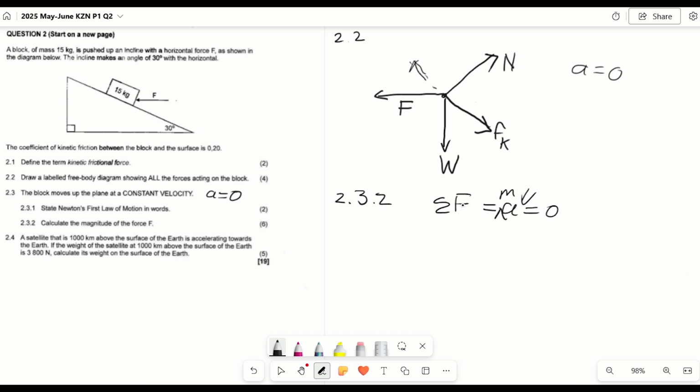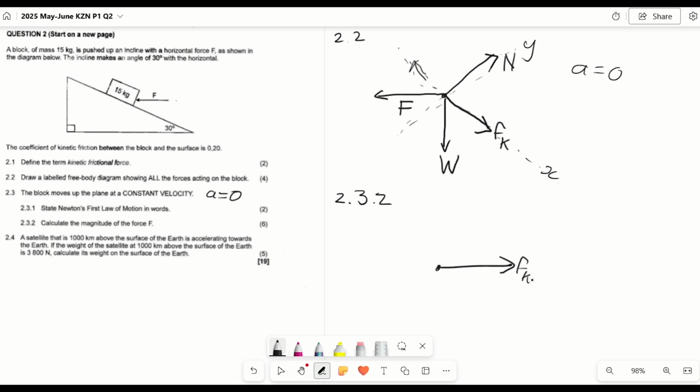So let's try to focus on the plane of movement here because it will be easier to get all the directions of movement. If we say the plane of movement is our x-plane, that means the perpendicular plane will be our y-plane, and therefore our free body diagram to analyze that surface will be something like this. Fk is opposing the movement in that direction.